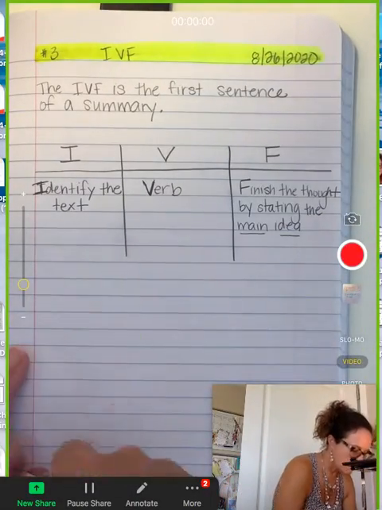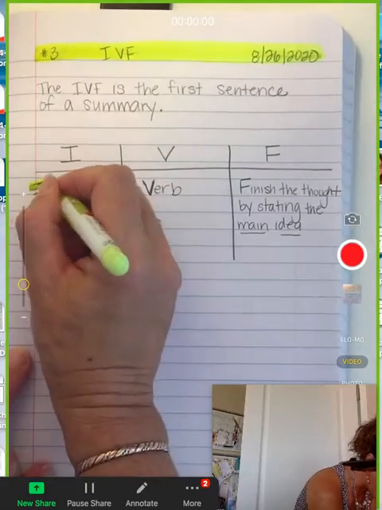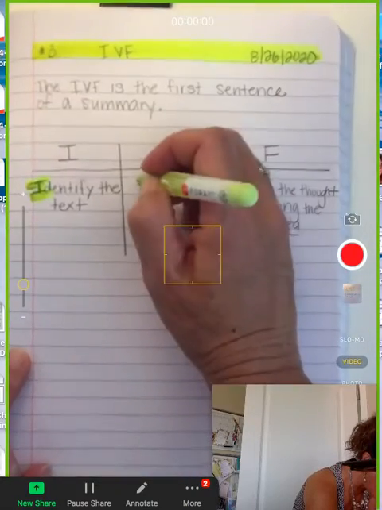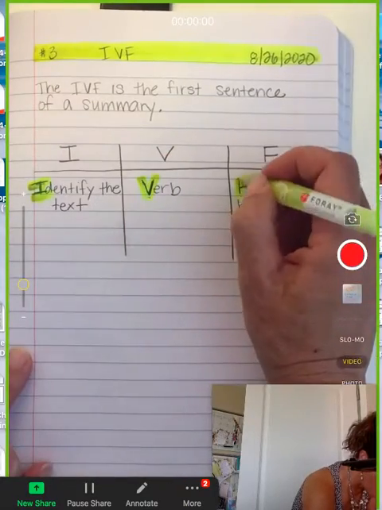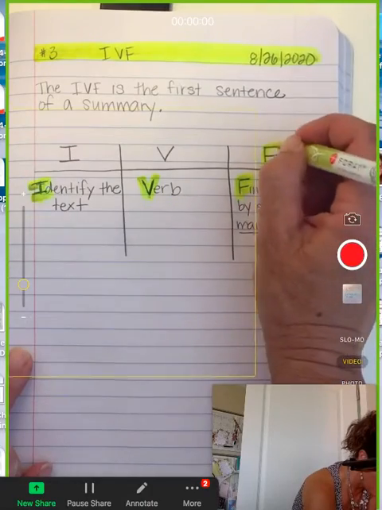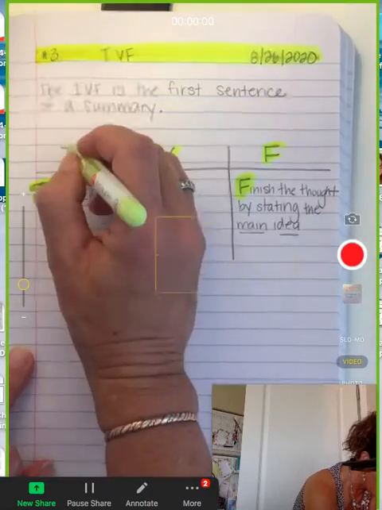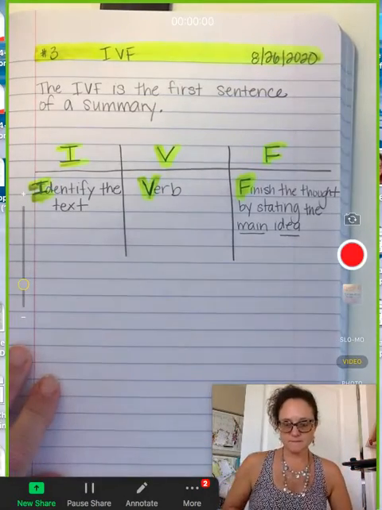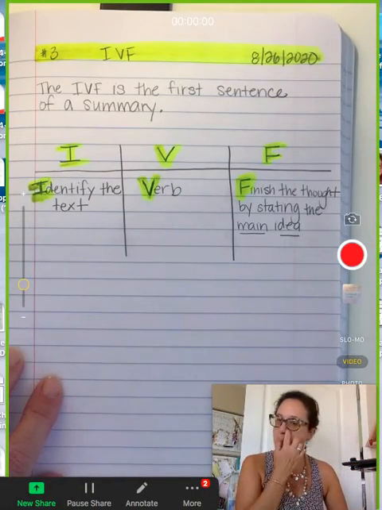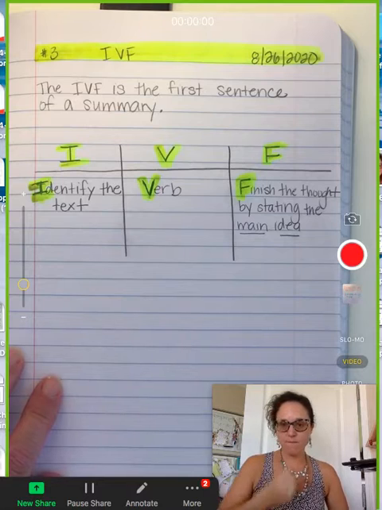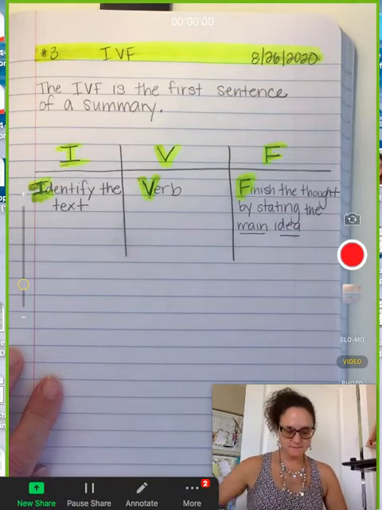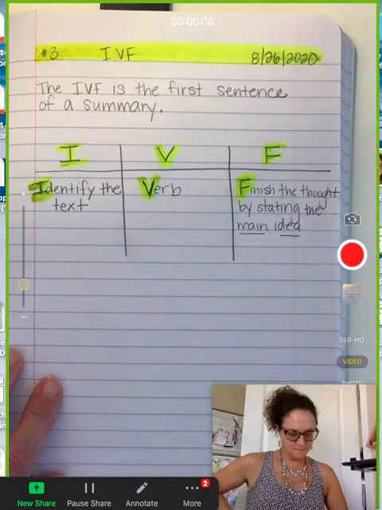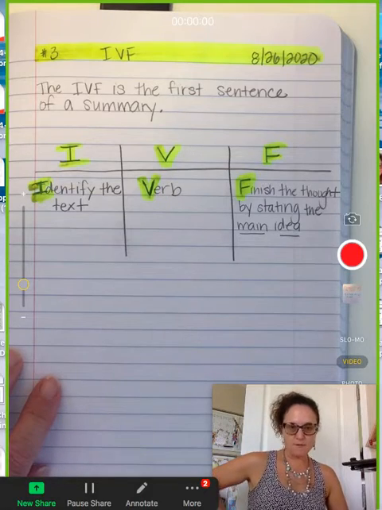Okay, so I'm going to highlight the I and the V and the F. And then we're going to practice.